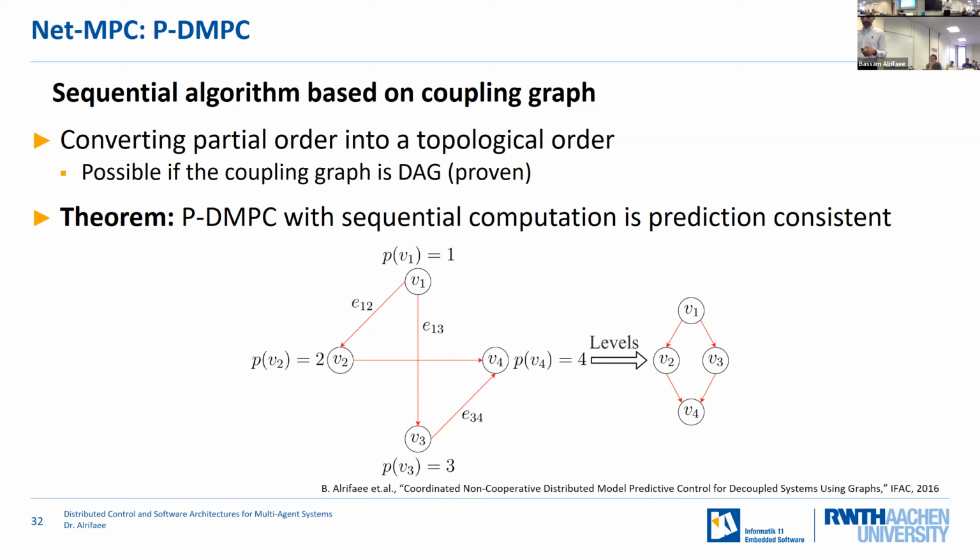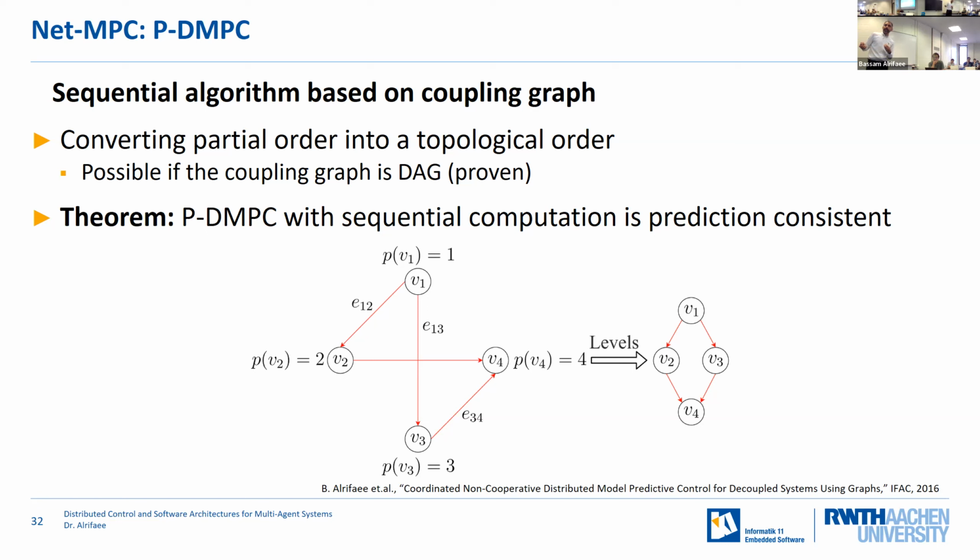What we can do with the topological order is to put the agents into computation levels. And if 2 agents are independent of each other, they can compute in parallel. So the algorithm we used here to do so, it's called CAN algorithm.